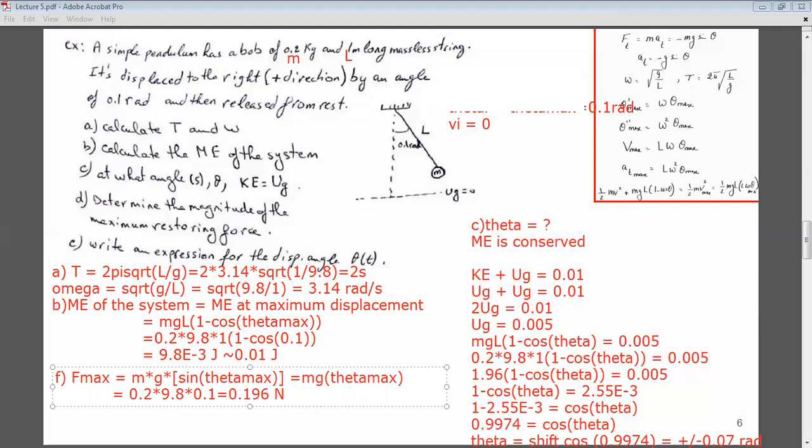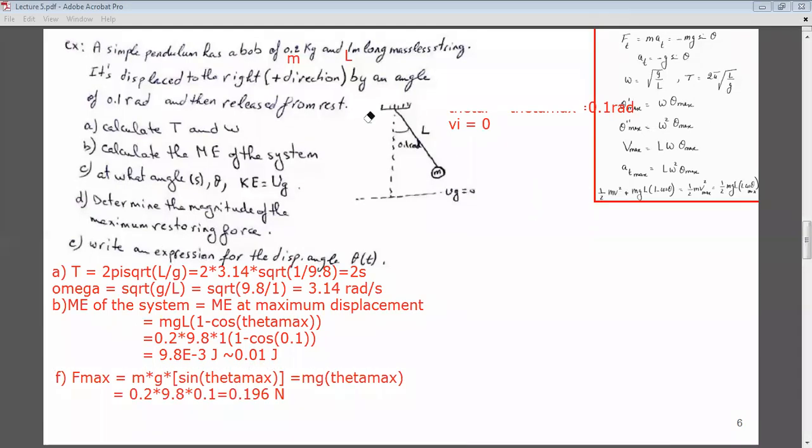So finally, write an expression for the displacement angle theta of t. So let me do it here. What does it mean, write an expression? We have to say theta of t is equal to theta maximum times cosine of omega t plus phi.